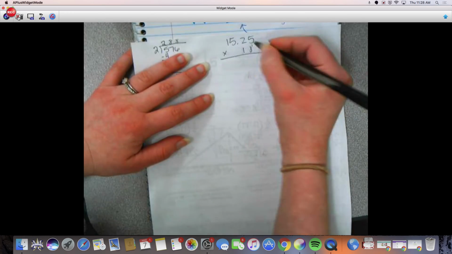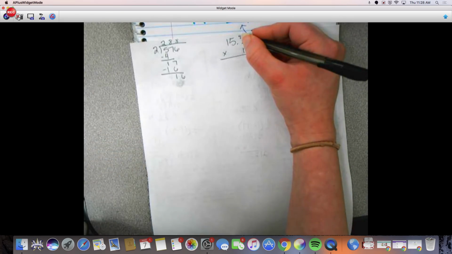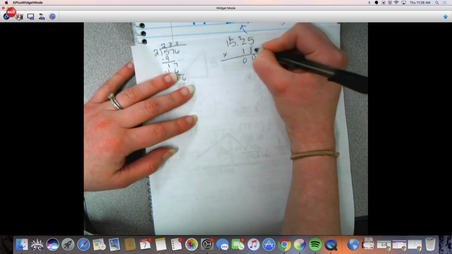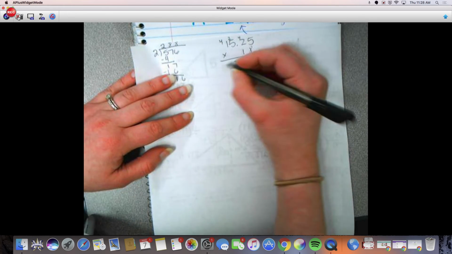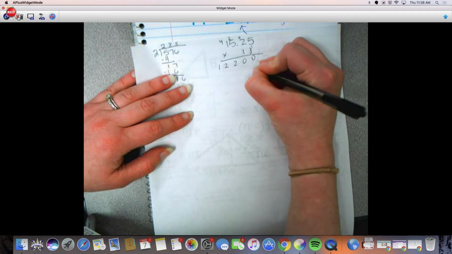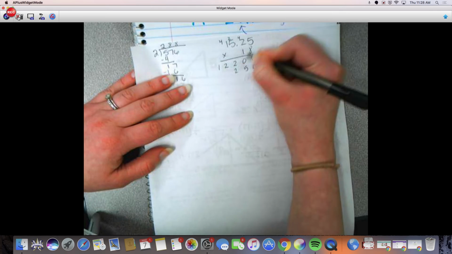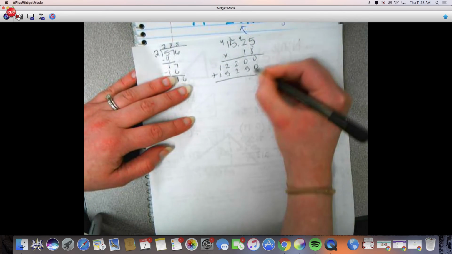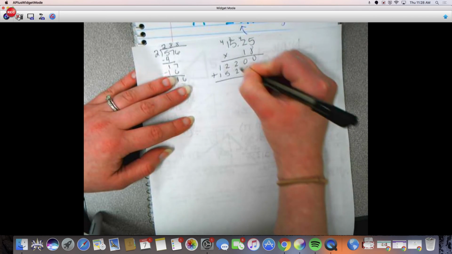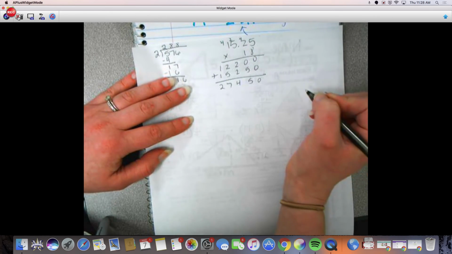Well, I know 8 times 5 is 40. 8 times 2 is 16 plus 4 is 20. 8 times 5 is 40 plus 2 is 42. 8 times 1 is 8 plus 4 is 12. Add 0. 1 times 5 is 5. 2, 5, 1. Now I add them up. 0, 5, 4, 7, 2.